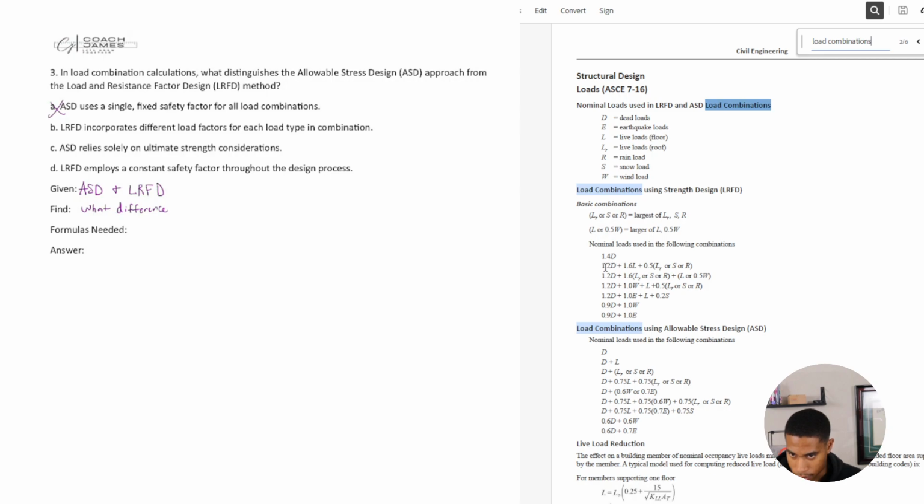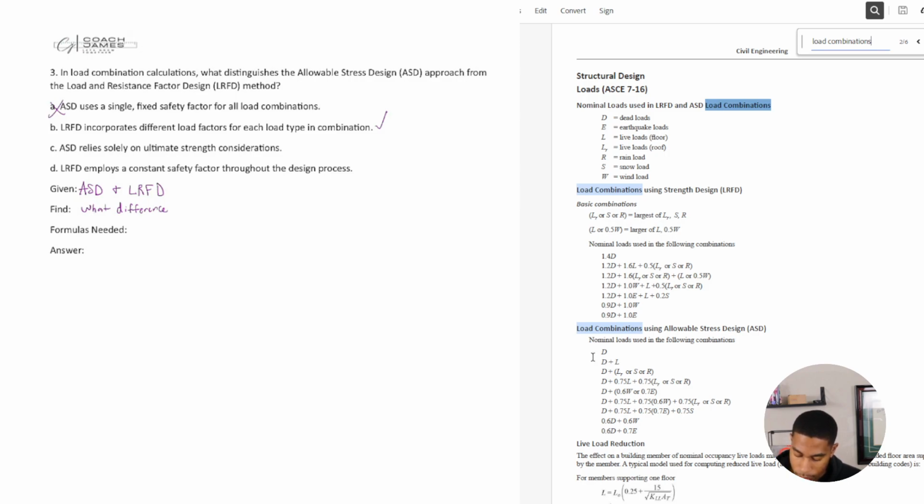So 1.4 D, 1.2 D, 1.6, and 0.5. They have these different factors for each type. And so does ASD. But they don't have the same load combinations.